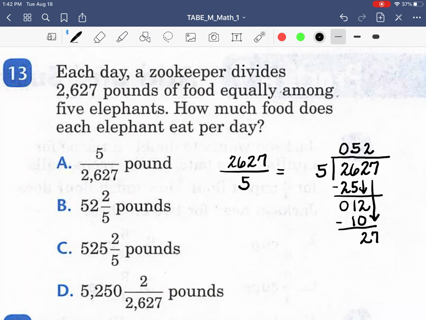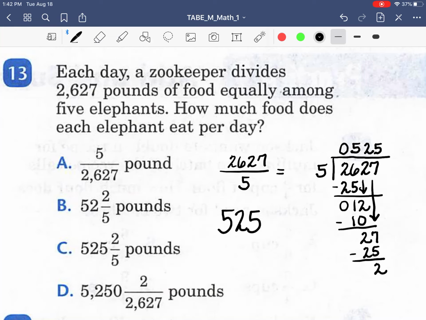And bring down the 7. 5, 10, 15, 20, 25, 30 is too big. So let's go back to the 5 with 25, and there would be a remainder of 2.